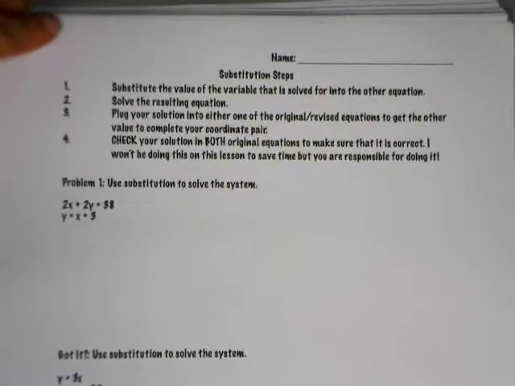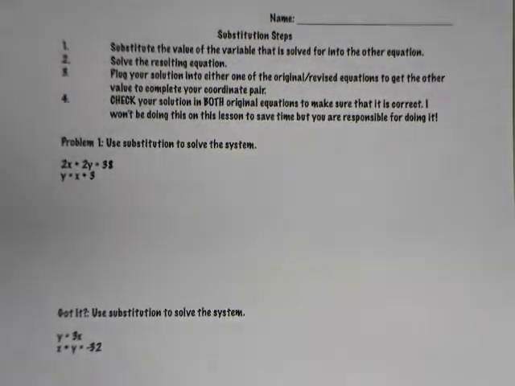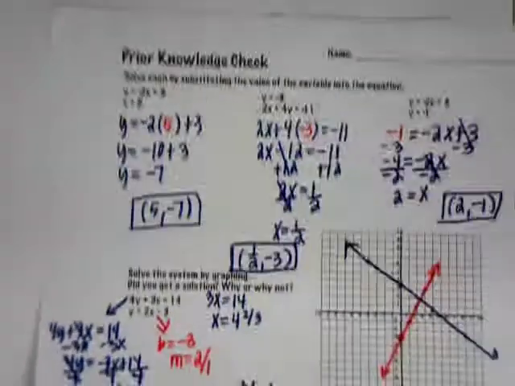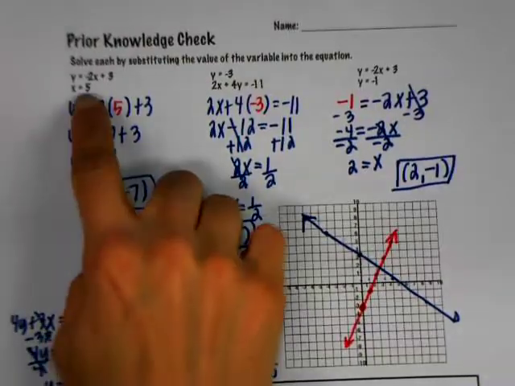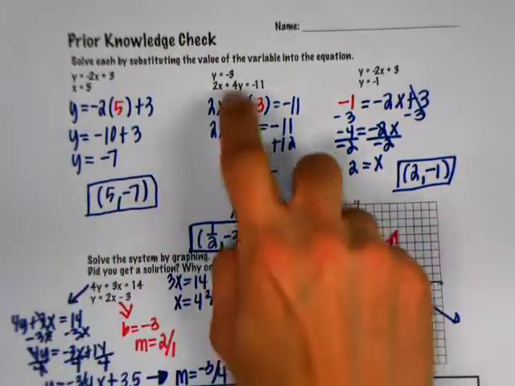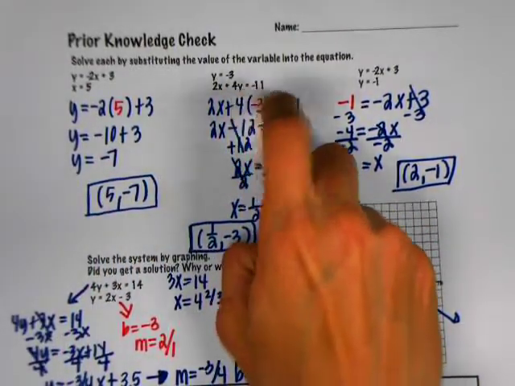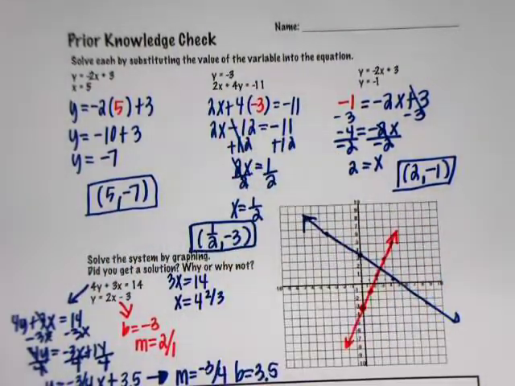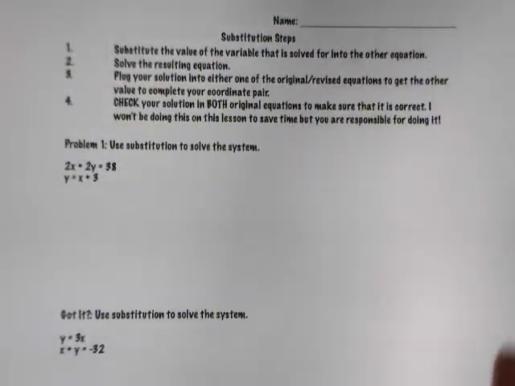So let's go on to this. So here are your steps, but I'm just going to go through the steps. Those are just for reference after we're already done. So here's what you're pretty much going to do. You're going to start by finding x equals or y equals, figuring out what that equals. And keep reminding yourself of back in this warm-up, we had x equals 5, so in place of the x, we put 5. We had y equals -3, so in place of the y, we placed a -3. This is going to be the same thing, it's just not going to be only a number.